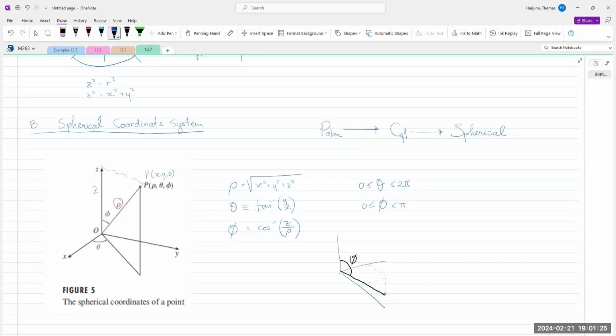The rho is always positive, and therefore the value of cosine inverse of z over rho depends on the z being positive or being negative. If the z is positive, then the phi will be in the first quadrant. If the z is negative, then the angle phi will be in the second quadrant.